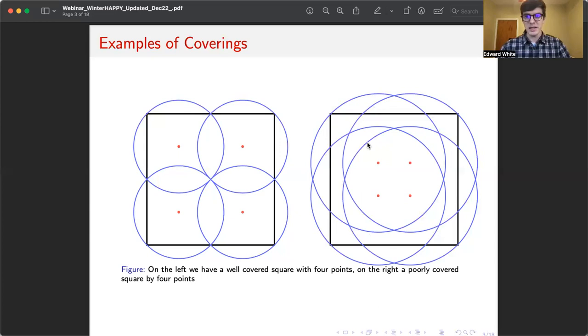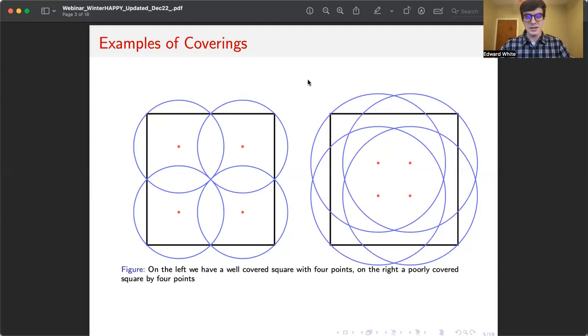So this would be an inefficient covering because I require a larger radius for my disks to cover the full square. Whereas if I place the centers of the disks appropriately, I can get a more efficient or optimal covering. So this is one example to contrast what we consider optimal versus non-optimal.